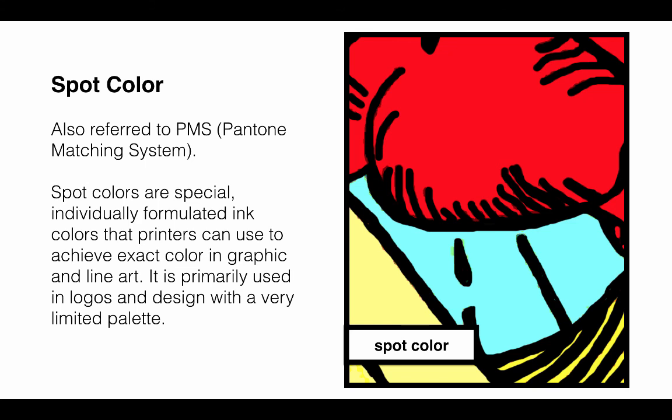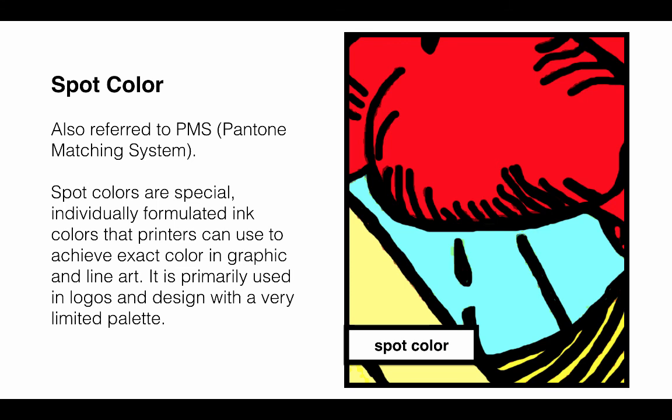They have their own specific colors that are made up, and the way it works is that there's a place that formulates the ink and makes a lot of that ink, and then any printer anywhere in the world can order the ink with that specific formulation, and you know that that ink is always going to produce the exact right color, no matter what you're printing, where you're printing, or what press you're printing on, and so on, right?